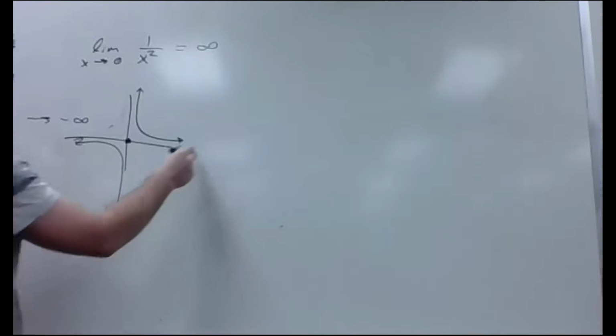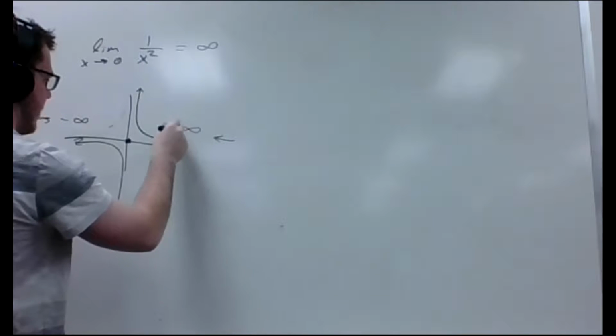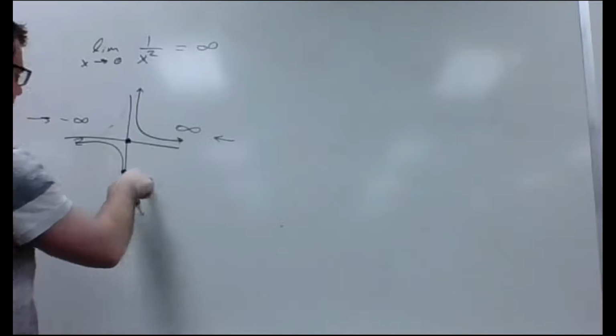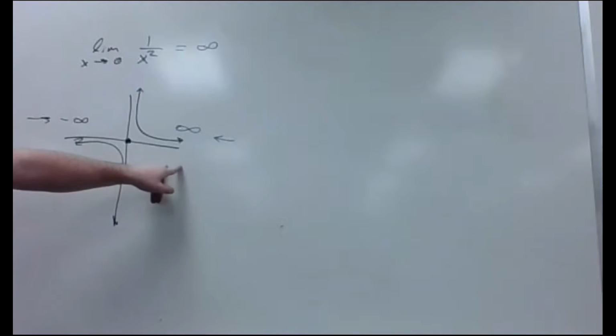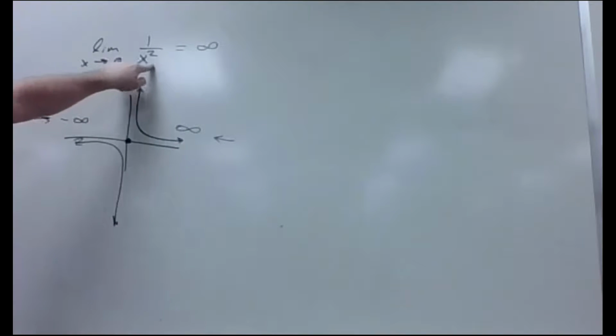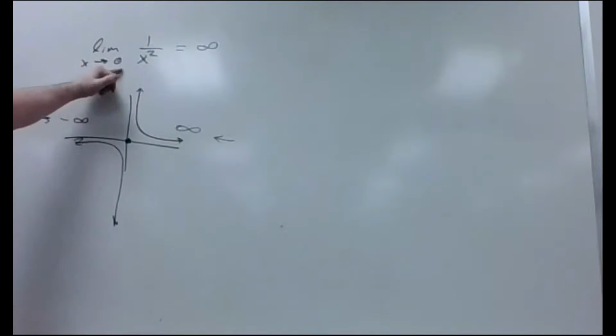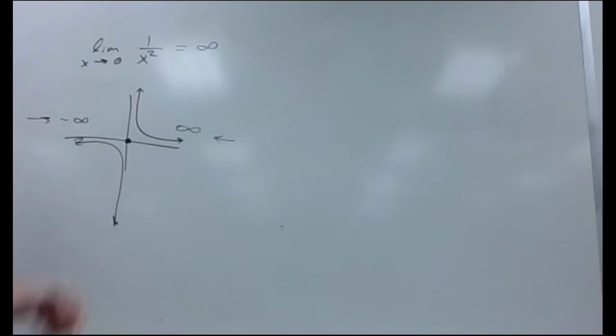If we're coming from the right side, it's going to be positive infinity. In this case, the limit doesn't exist. If we had something that looked like this, the limit does exist, because going from both the left and the right, you get infinity, right?